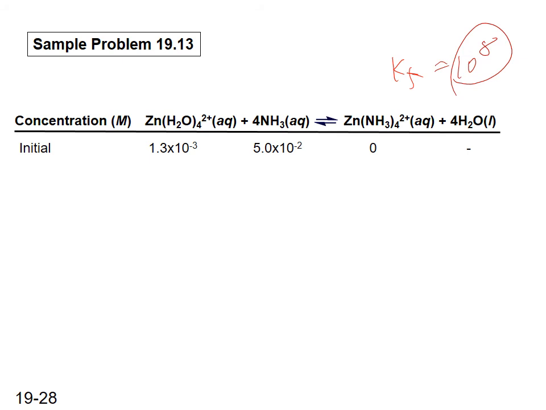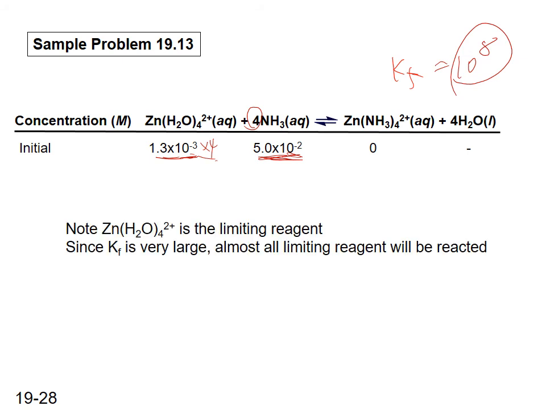So which one? Well, we compare these two concentrations. One is 10 to the -3, which is much smaller than the other one, 10 to the -2. Even if we multiply by 4, because there's a coefficient of 4, we still get a number smaller than 5 times 10 to the -2. That indicates zinc hydrate is the limiting reagent, so it will be almost all consumed.